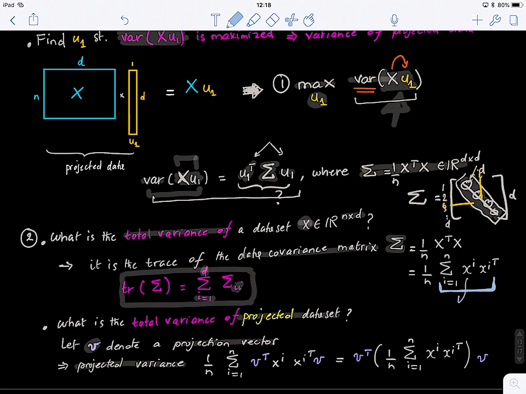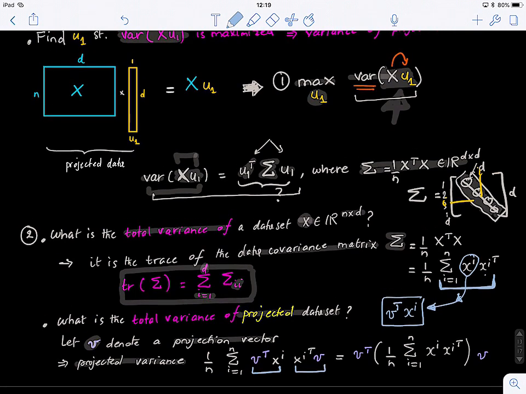We're projecting sample xi onto a vector v. So this can be written like that, okay? Each sample, I will replace with its projected sample onto a vector v. This is the general formalization. So if I do that, then what I will get is this.